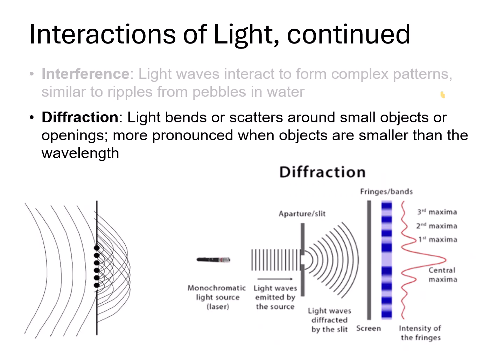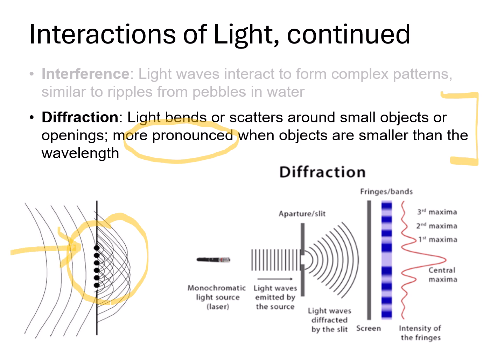The diffraction of light can also happen when light is passing through a small opening, such as these shown here, or if it's bending around a small object. And diffraction is more pronounced when the object's smaller or when the opening is smaller than the wavelength, because if the object or the opening were big, then the wave could mostly go straight past through it.